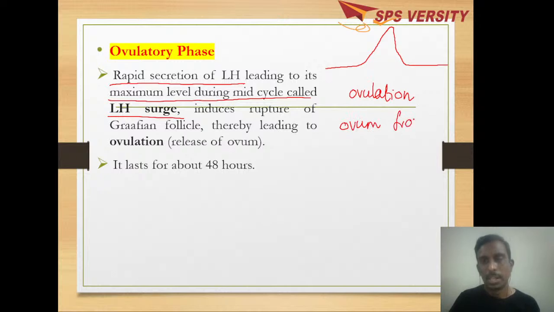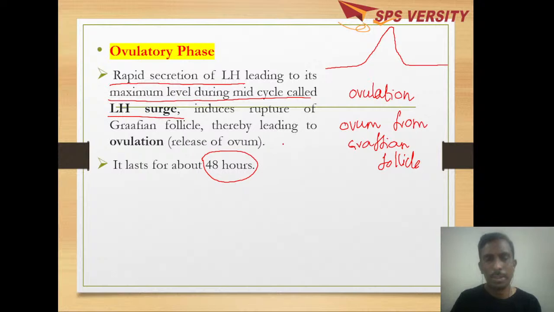This process takes place in the middle of the menstrual cycle. How much time will it take? That is 48 hours. The Graafian follicle has released its ovum and now it has become empty. So in the ovulatory phase, the major event is ovulation, where the release of the ovum takes place.